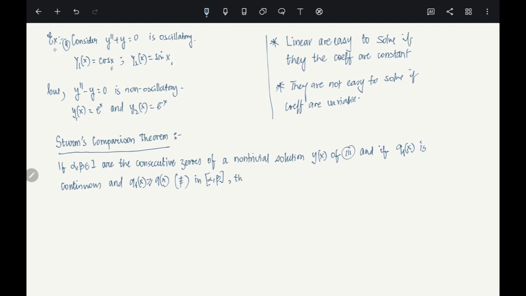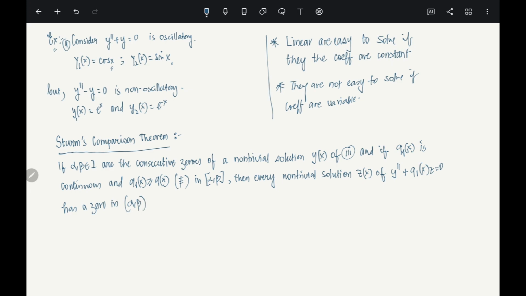Then every non-trivial solution z of x of z double prime plus q1 of x times z equals 0 has a 0 in the open interval alpha beta. Okay, fine.